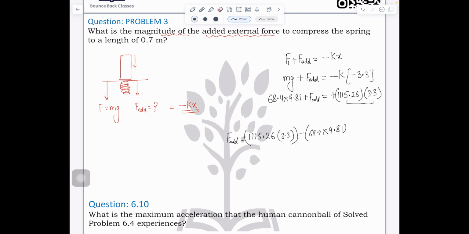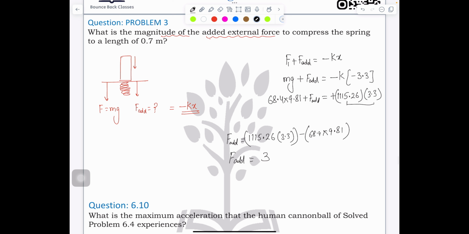Solve this and you will get the answer. Solve it fast. So F added equals 3009.4 newtons. This is your additional force.